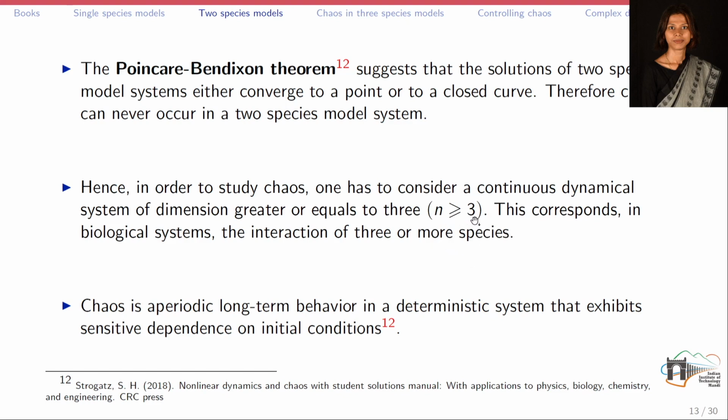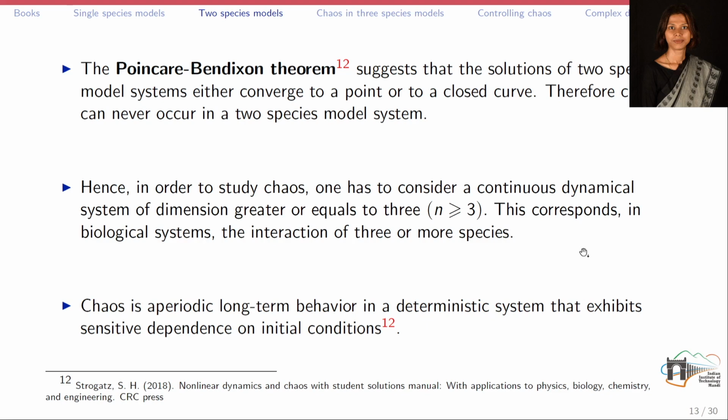Just now we were talking about two species mathematical models. So it corresponds to the interaction of 3 or more species, which we haven't studied so far. I'll be showing some 3 species models in the coming slides.